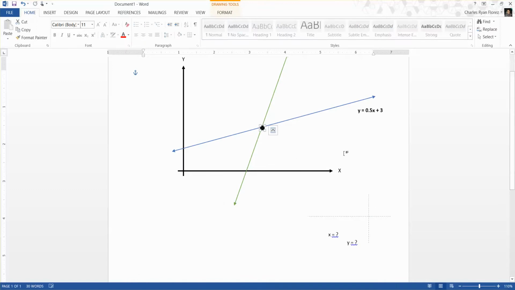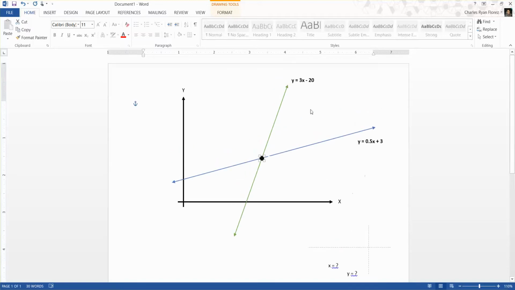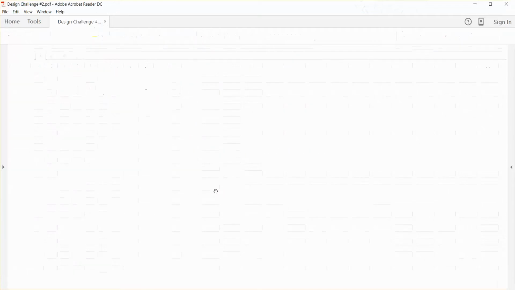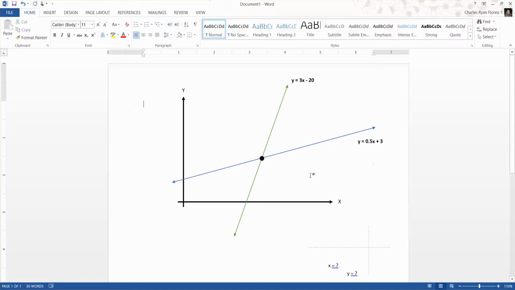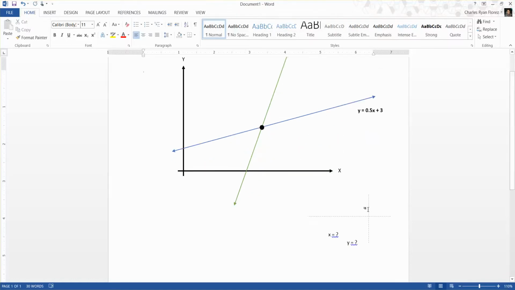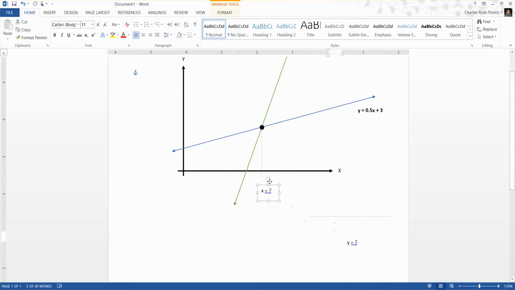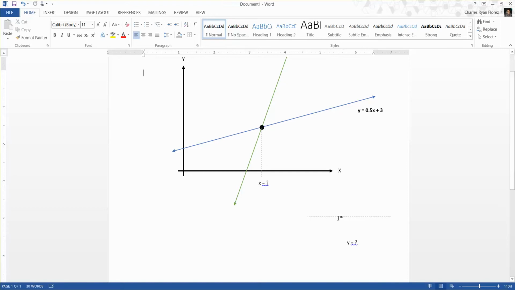This is a two-dimensional case, keep that in mind, so we wouldn't have z in this case, and we probably wouldn't need a third equation. What we have here is just two lines that intersect at this point, and we want to find the value of x at which they intersect, and the same thing for y.